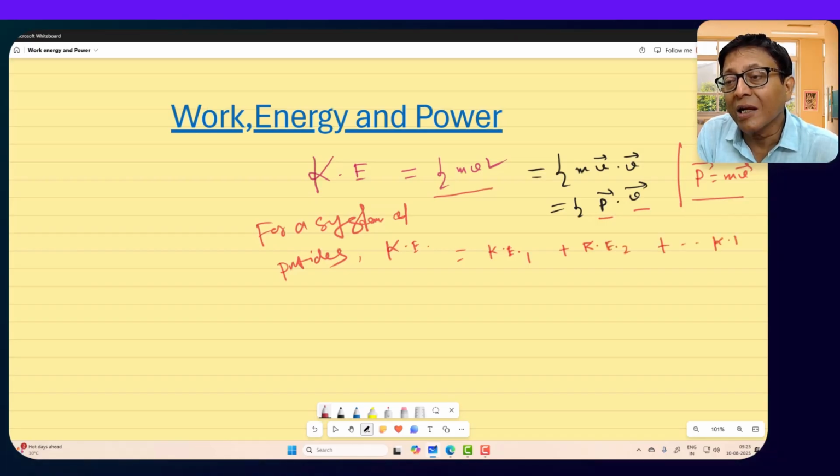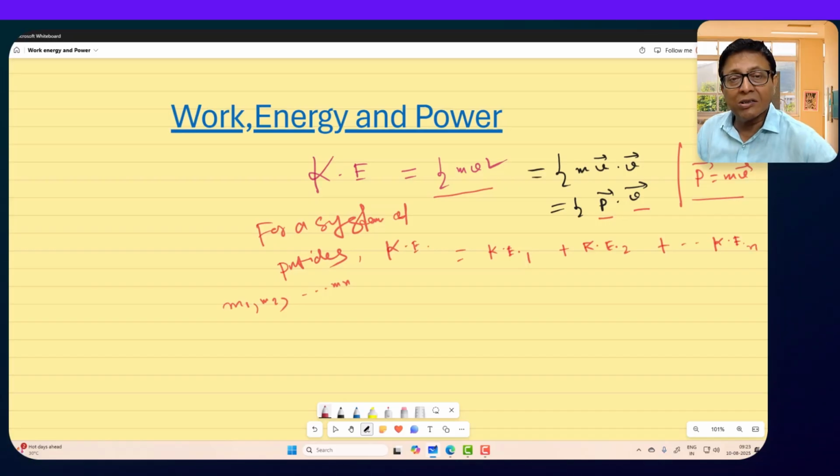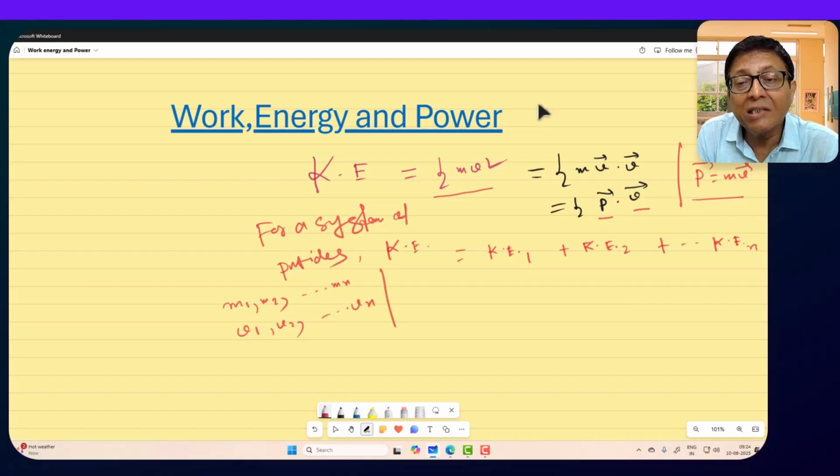We assume that there are n particles of masses m1, m2, mn, moving with velocities v1, v2, vn respectively.